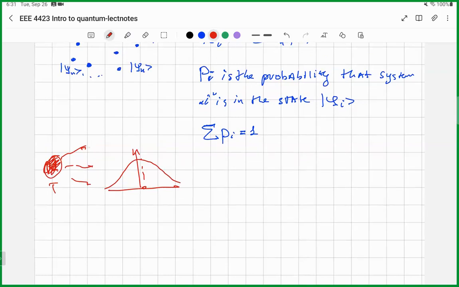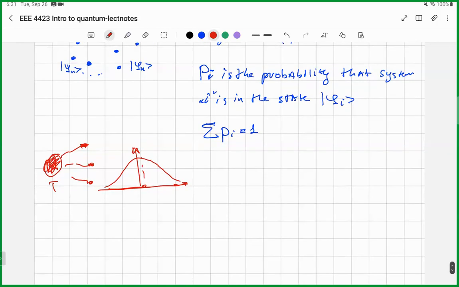If you measure the momentum of this one, you get some value. You measure this one, you get another value. You measure the third one, you get yet another value. And then you can plot this distribution of the electrons over the momentum.